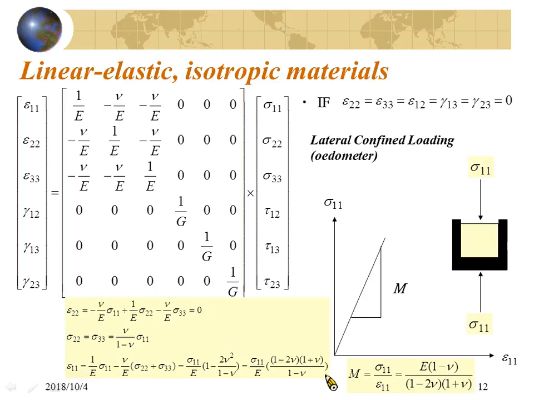So for this case, if the material is linear elastic, then you can express the constraint modulus as a function of Young's modulus. I already derived this equation here. I will not repeat it.